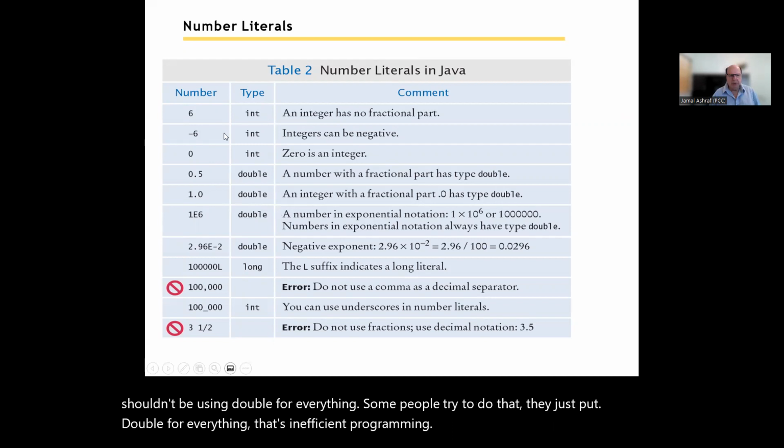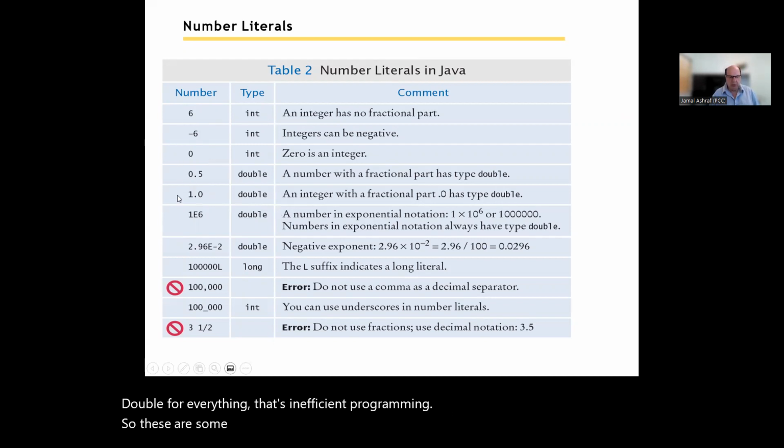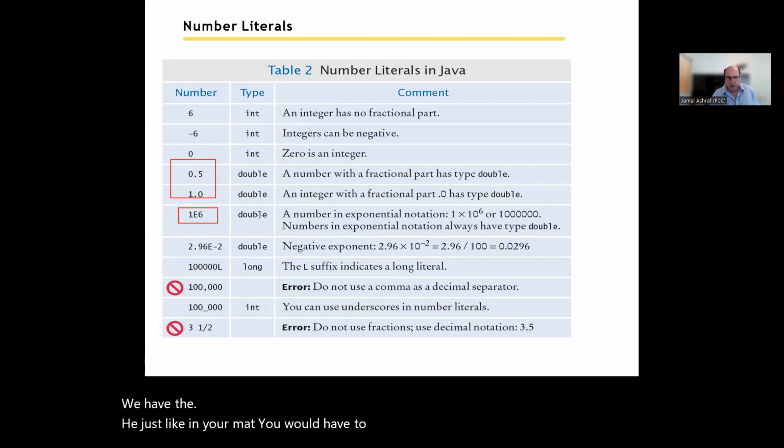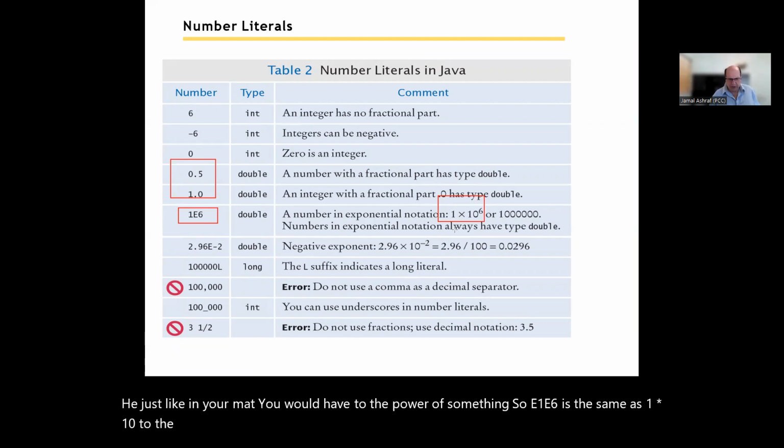So these are some examples of the numbers, and the ones with the decimal. With the decimal, we have the E. That's just like in your math, you would have to the power of something. So 1E6 is the same as 1 times 10 to the 6. That's also available.